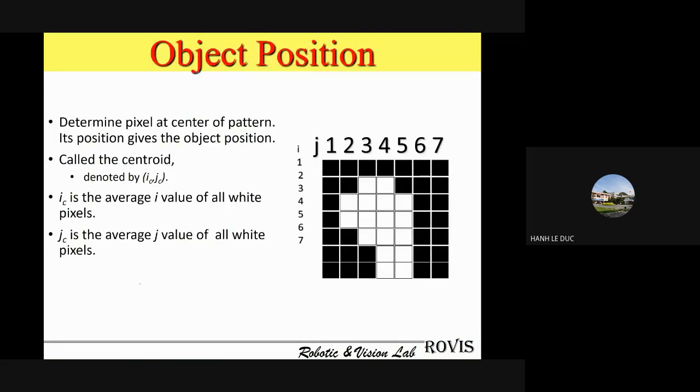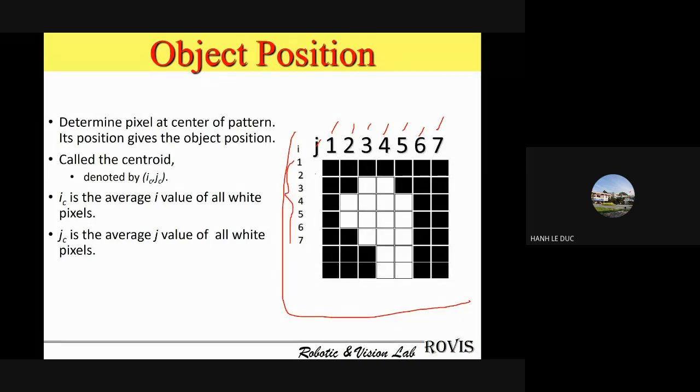Okay, so for example in your exercise or in your test, I give you this image. What is the centroid of this? How to calculate it? First I explain the image. J here is the coordinate of the pixel, the column coordinate, and this one is the row coordinate.